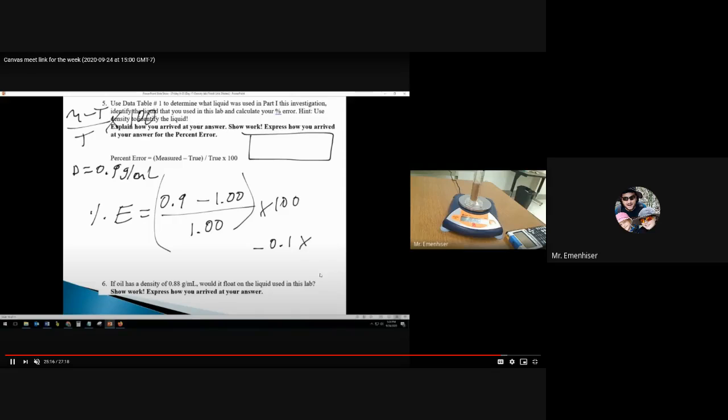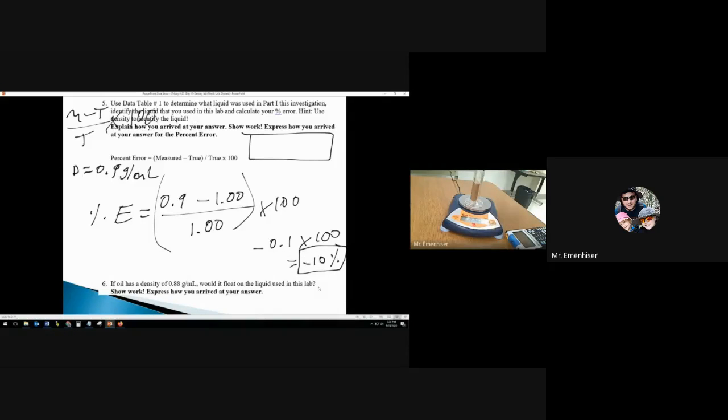Then I multiply that by 100, and we get 10% error. And it's minus 10. So we were 10% off. We got 0.9. We should have gotten 1. So our percent error is minus 10%. So go ahead and look at the table and see what you think that liquid is.